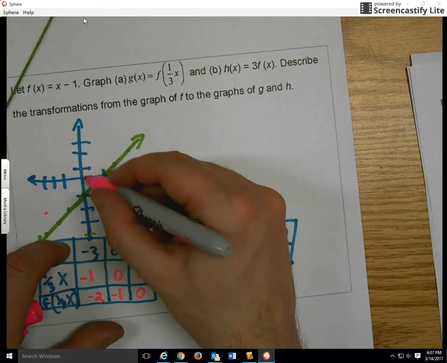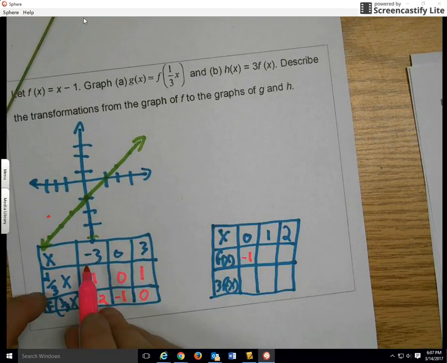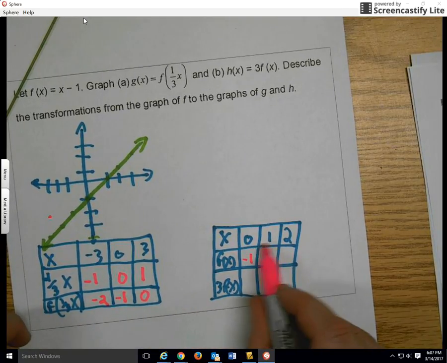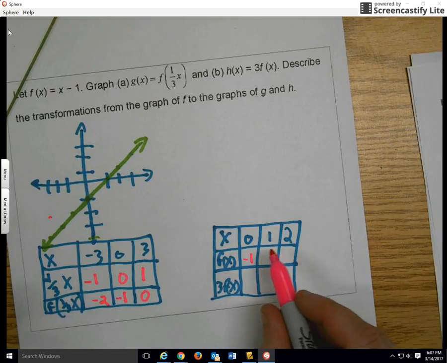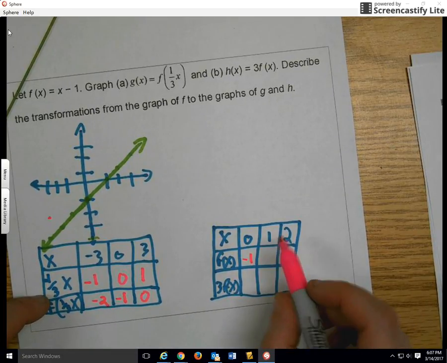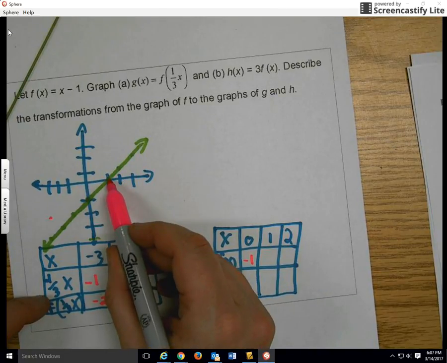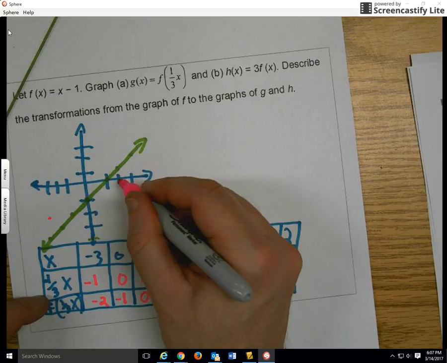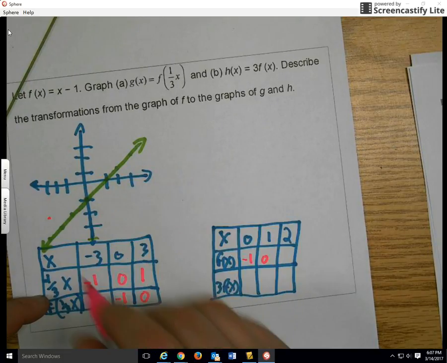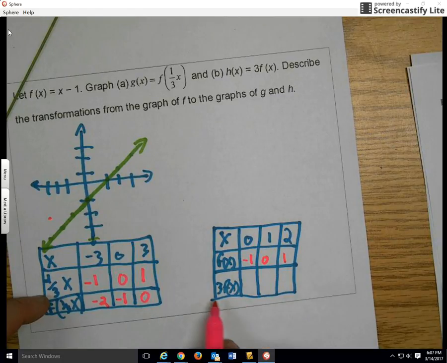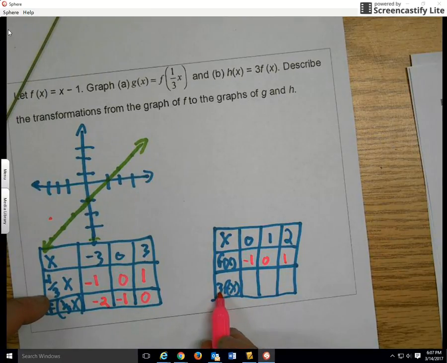I'm choosing these numbers at the top here just because I can choose any numbers to make it easy. So I'll just choose a 0, 1, 2. If x is a 1, y is 0. If x is a 2, y is 1. Cool. Now all I have to do is multiply all those by 3 since the input's not being influenced. It's just the output.